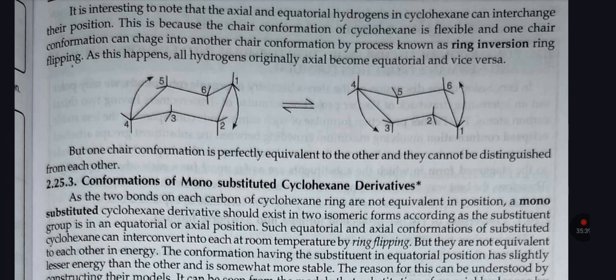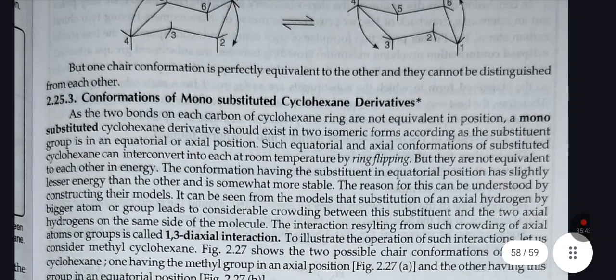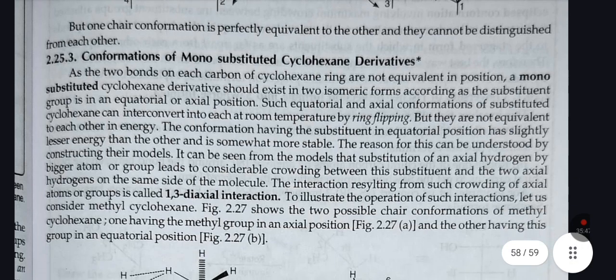Conformation of monosubstituted cyclohexane derivatives. As the two bonds of each carbon of the cyclohexane ring are not equivalent in position, a monosubstituted cyclohexane derivative should exist in two isomeric forms, according as the substituent group is in an equatorial or axial position.